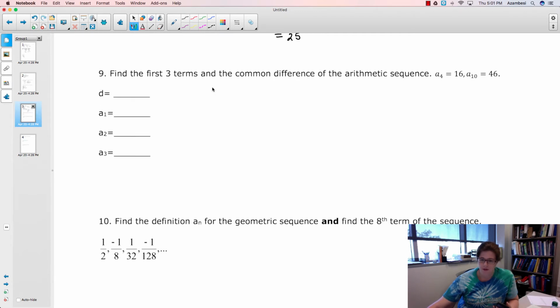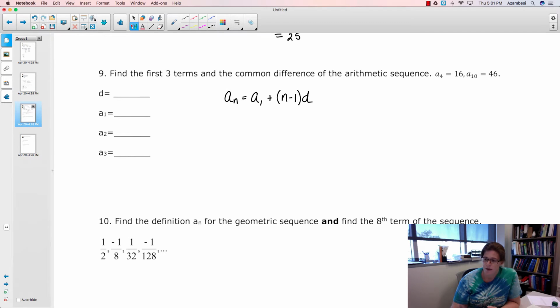So find the first 3 terms and the common difference of the arithmetic sequence. A4 is equal to 16 and A10 is equal to 46. So this is the kind where we can set up a system of equations. If I'm thinking about this type of sequence, an is equal to a1 plus n minus 1 times d. And you'll be given this particular formula for your test.